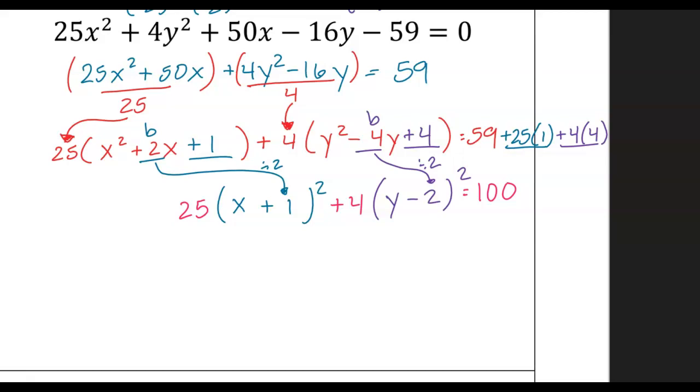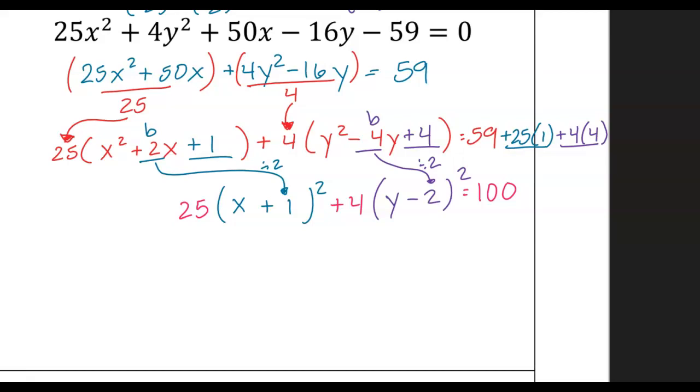However, I am not yet in standard form for an ellipse because it is not set equal to 1. So what should I do to set this whole equation equal to 1? Divide by 100.